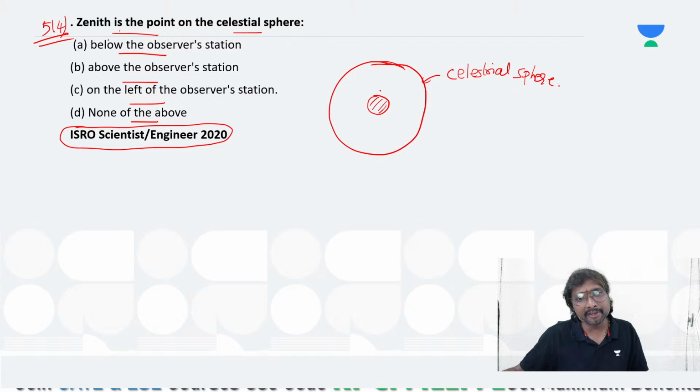Now whenever you have the observer here on the earth, the point exactly above the observer is called your zenith. The point exactly below the observer on the celestial sphere is called your nadir, right? The point exactly above the observer is your zenith, below the observer is your nadir.